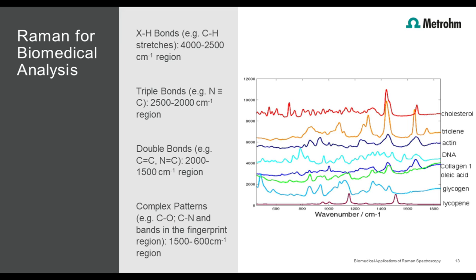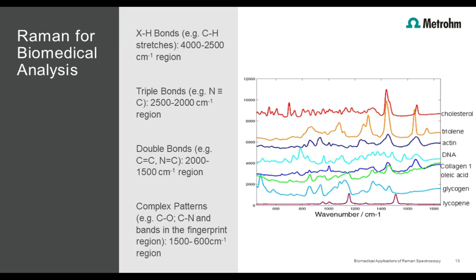So one is our hydrogen stretching region from about 2,500 to 4,000 wave numbers. This may be important to study carbon-hydrogen stretching in proteins. Triple bonds are found from 2,000 to 2,500. There's not a lot of really important triple bonds in biomedical analysis, but that's where they would be present.